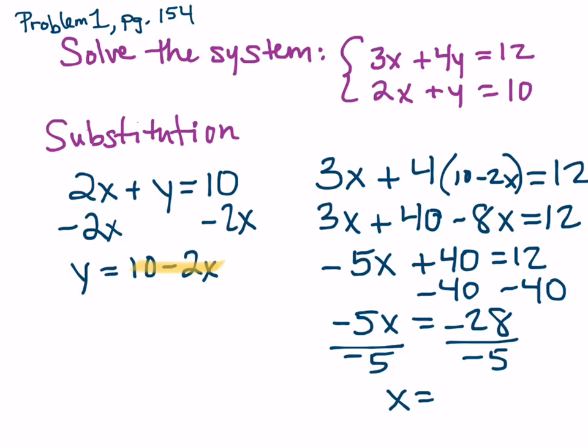Two negatives cancel out, two negatives is a positive. That leaves you with 28 over 5, and you can leave that as a fraction, or a decimal if it works out nicely. As a decimal, this one is 5.6.